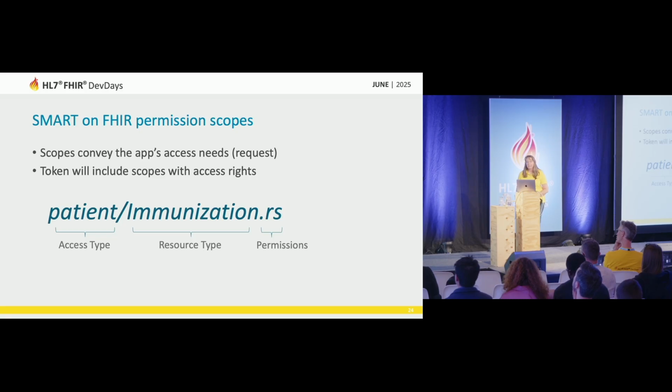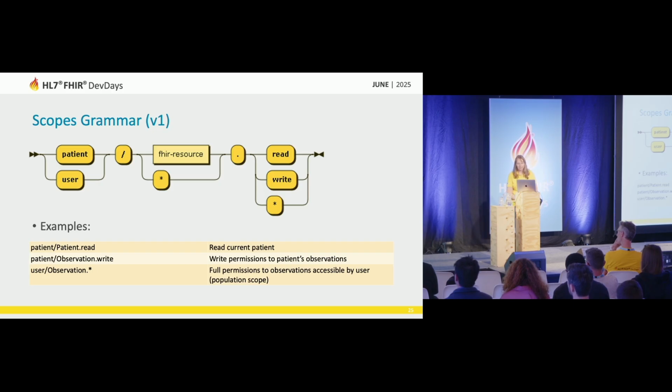Then another thing is the permission scopes. Smart on FHIR defines exactly what the scopes for getting access to the data have to be. We have an access type, we then specify a /, a resource type, a dot, and a permission part. There are two grammars.